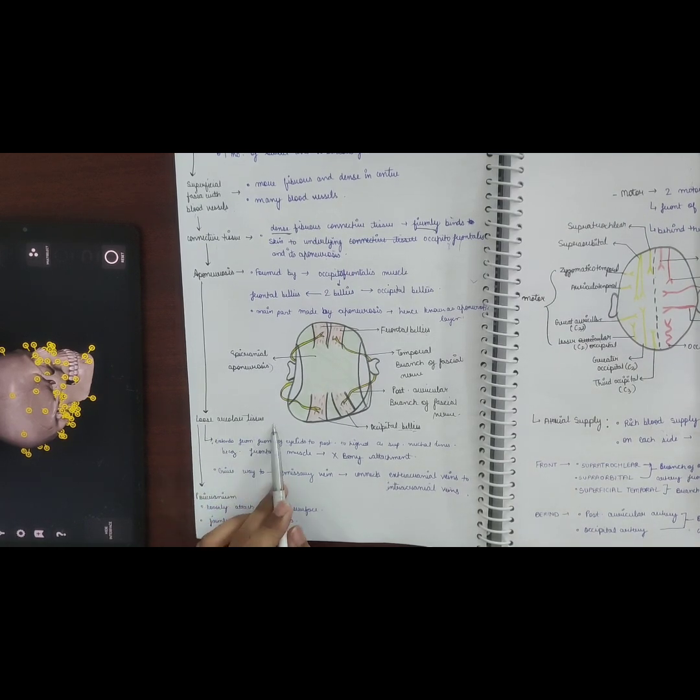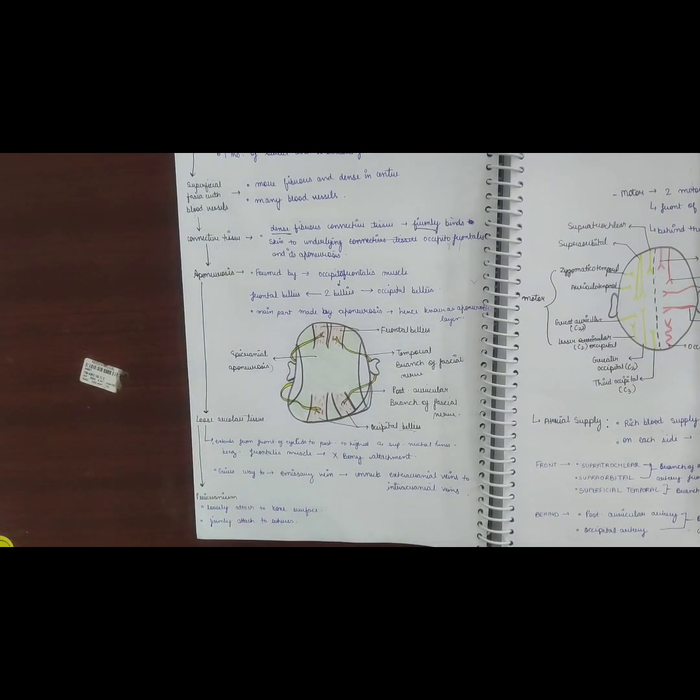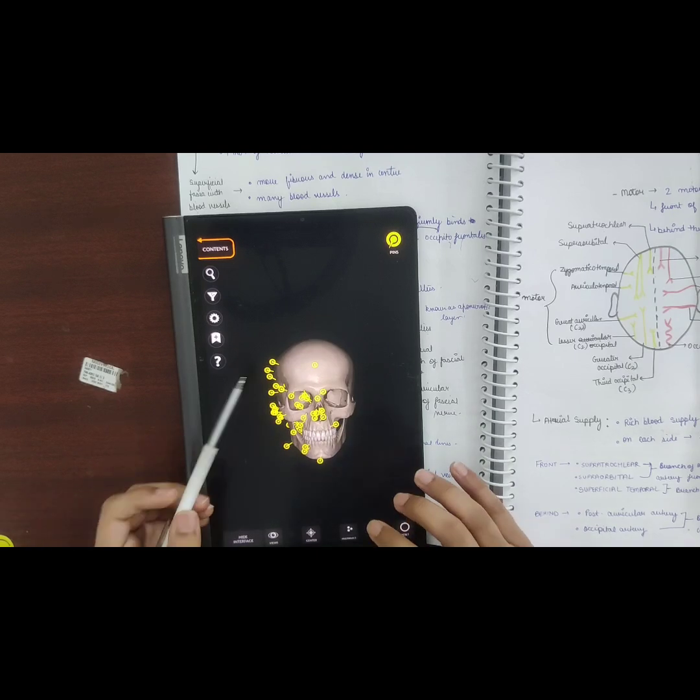Then we have loose areolar tissue. It extends from the front of the eyelids to the posterior superior nuchal line. So the loose areolar tissue has the same extension as the scalp.